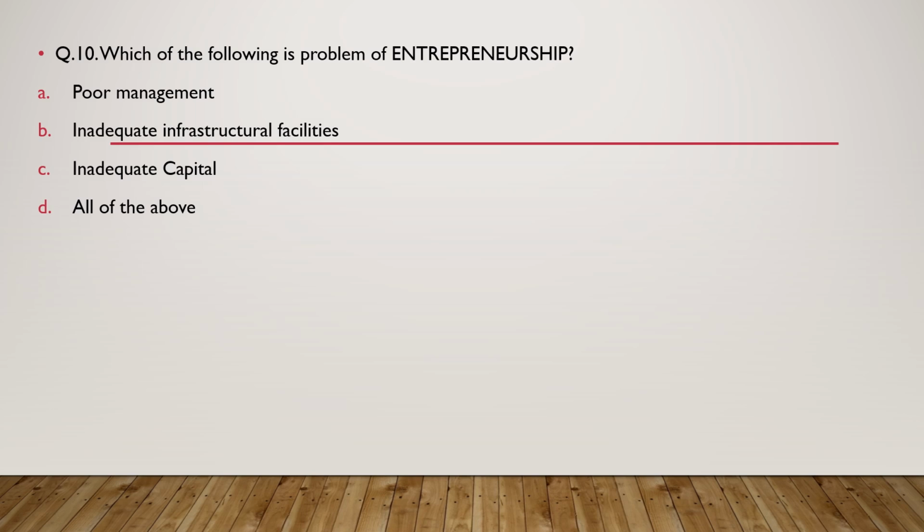So these three are the main problems of entrepreneurship. So here the answer is D. So read the answers carefully, and you should be aware of all these options. Don't just look at the option and click without thinking. Read carefully, think about it, and many of the questions can be solved by common sense only.